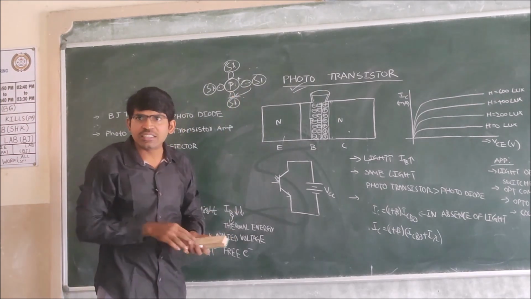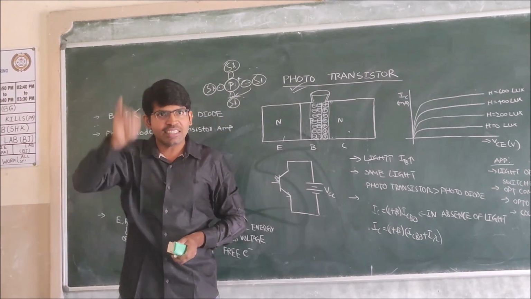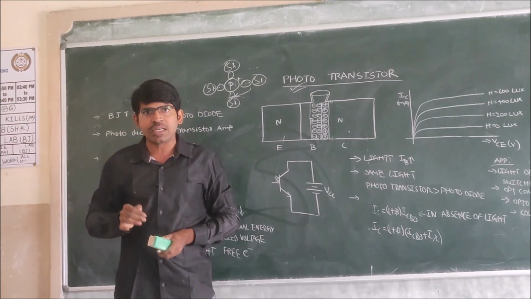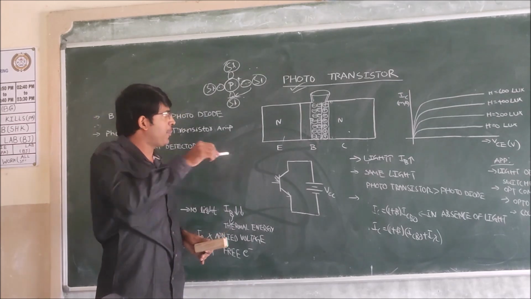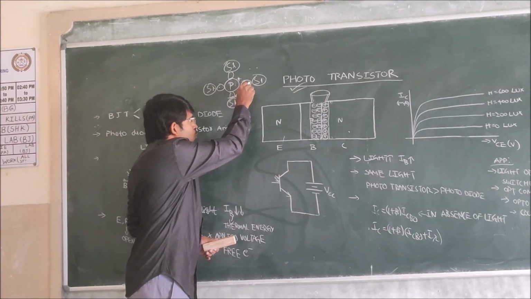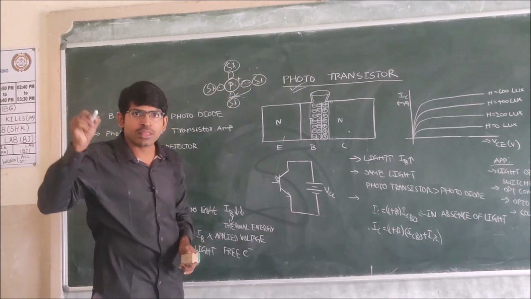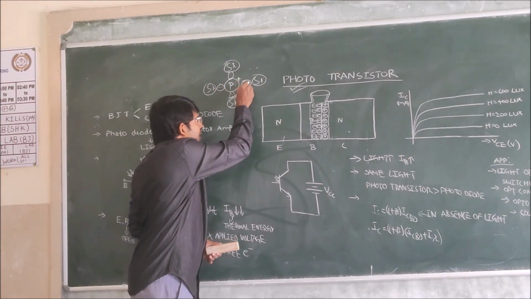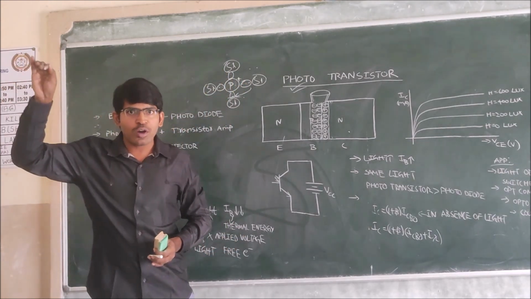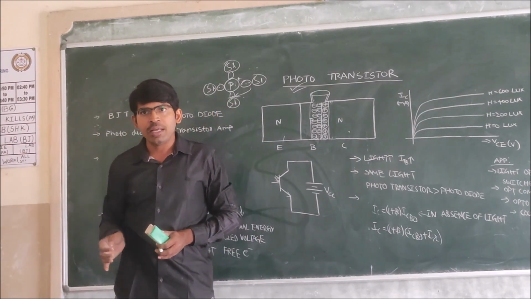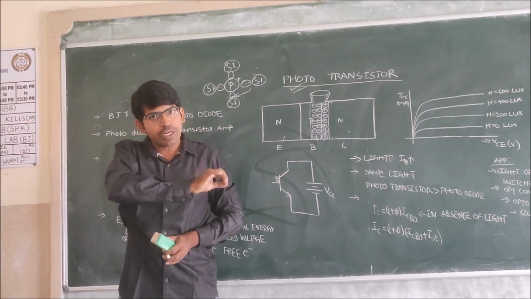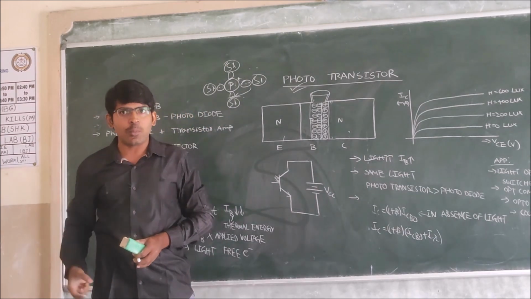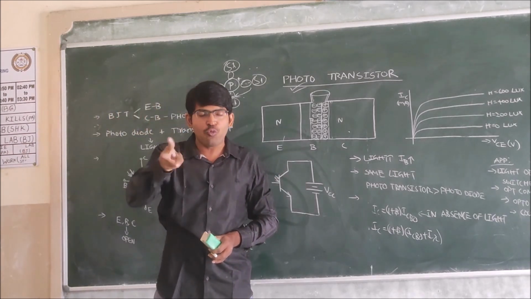The hole is never moving because it is an imaginary particle. It only appears like the hole is moving when the bounded electron in the covalent bond moves from here to here. So whenever we say the holes are moving, in reality the bounded electrons are moving from one covalent bond to another covalent bond.